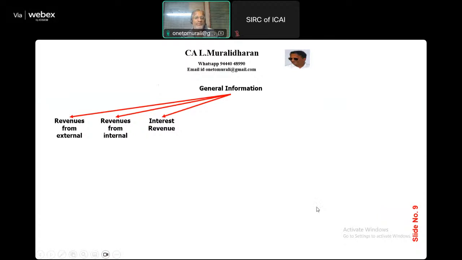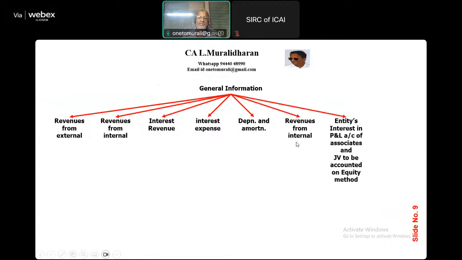The next item is interest revenue. Then you have interest expenditure, depreciation, amortization. Then this is repeated: the entity's interest in profit and loss of associates and joint ventures to be accounted on the equity method. We need to do something on consolidation a little more elaborately, maybe in class number 7.